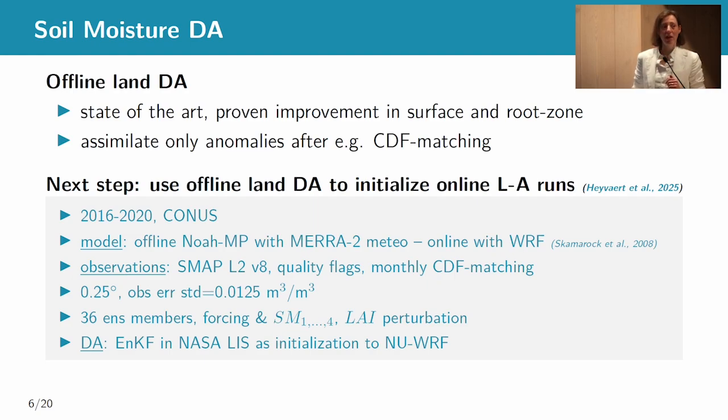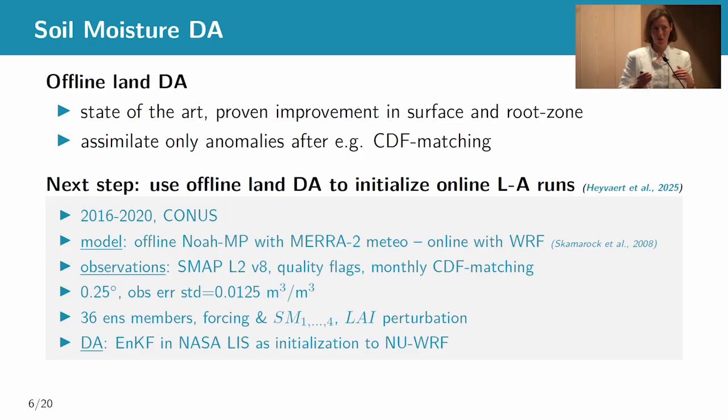It's at a 25-kilometer resolution. We have 36 ensembles, and we're going to update the soil moisture and LAI. We also perturb the forcings. All these variables are perturbed, right? But we are only updating soil moisture and LAI.